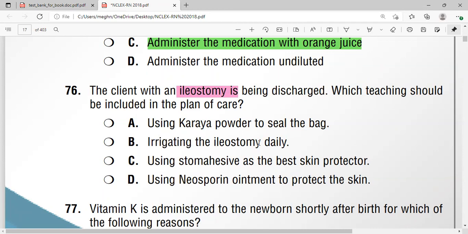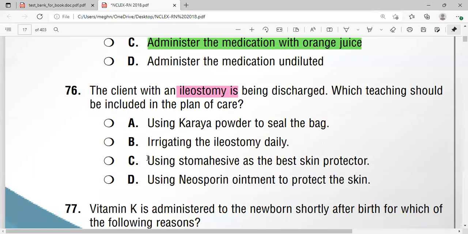B, irrigating the ileostomy daily. Number C, using the stoma adhesive as the best skin protector. Number D, using neosporin ointment to protect the skin.